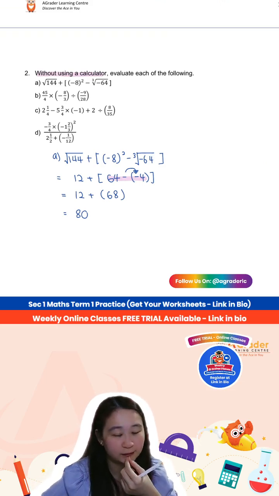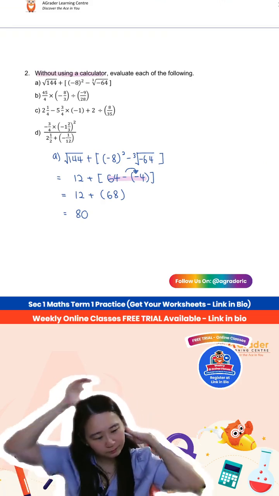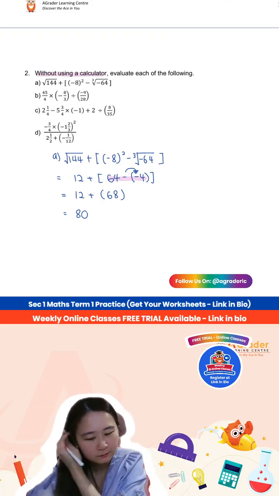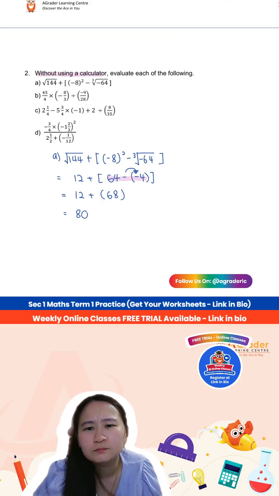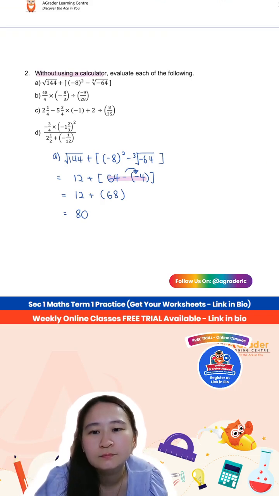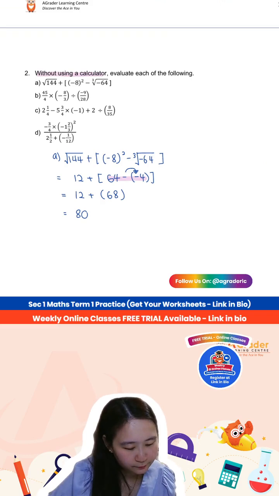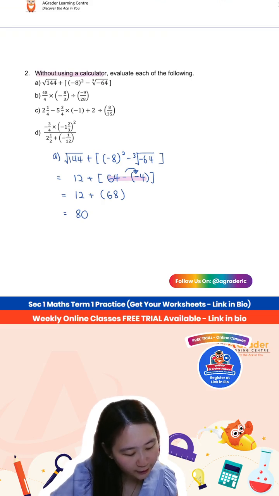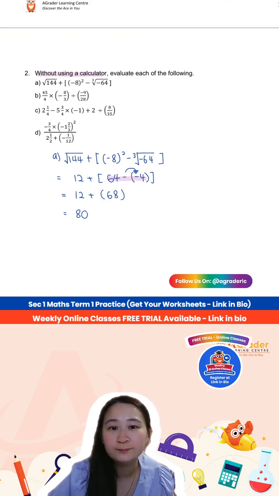Where is the minus 12? There's no minus 12, right? We have square root of 144 plus bracket negative 8 squared minus cube root of negative 64.